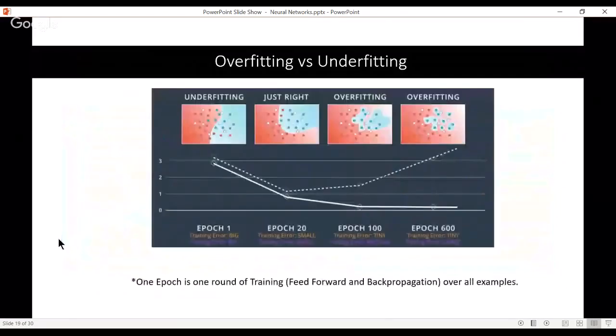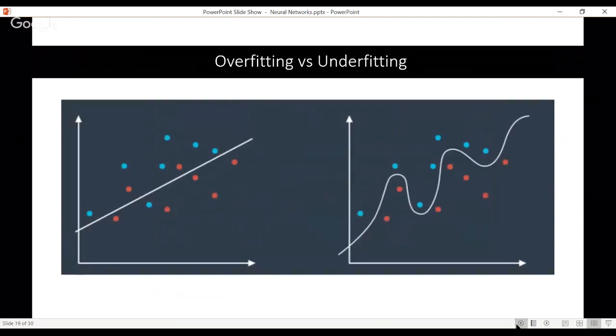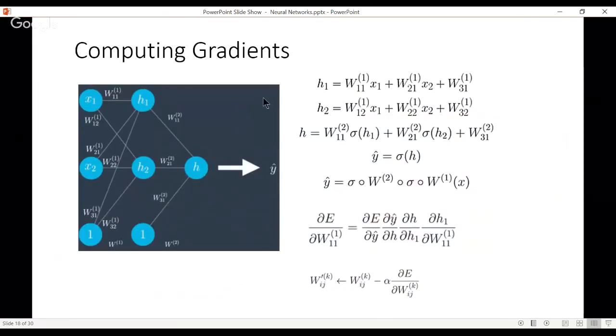Now that you have completed one round of training, you take your training data with X and your label Y, you feed it forward through your current network, then you compute the error function, then you compute your gradients and update your weights.